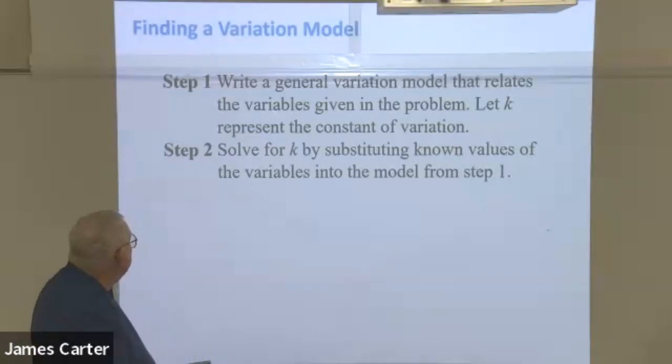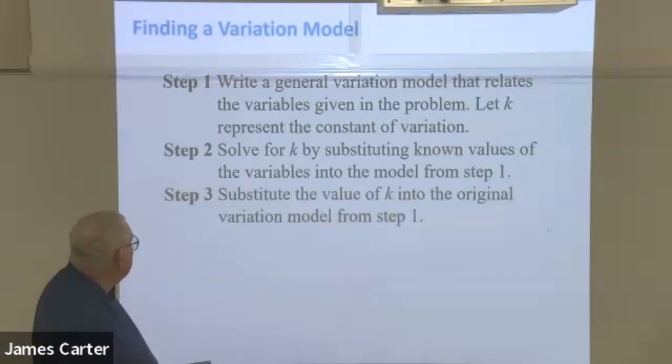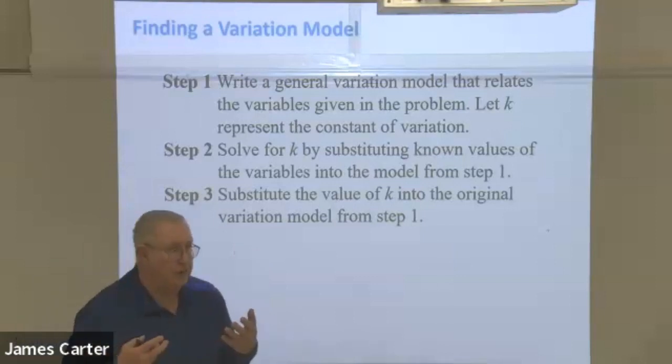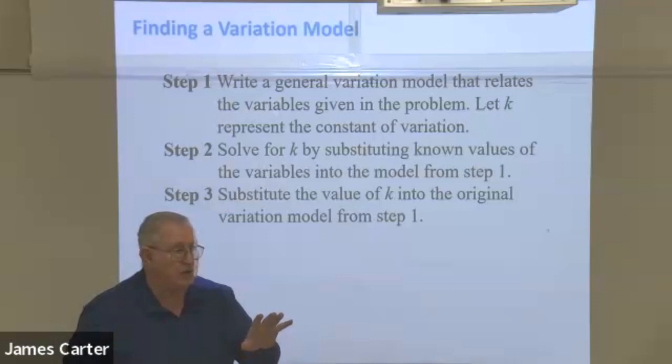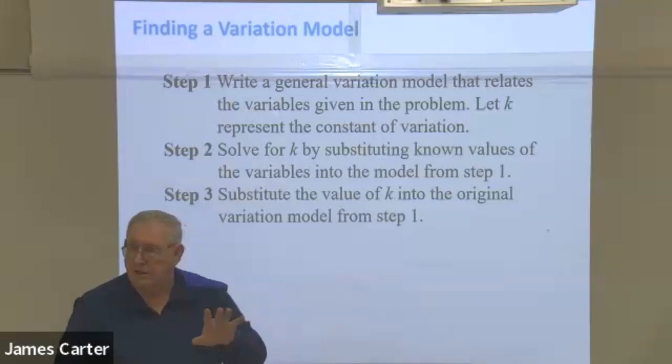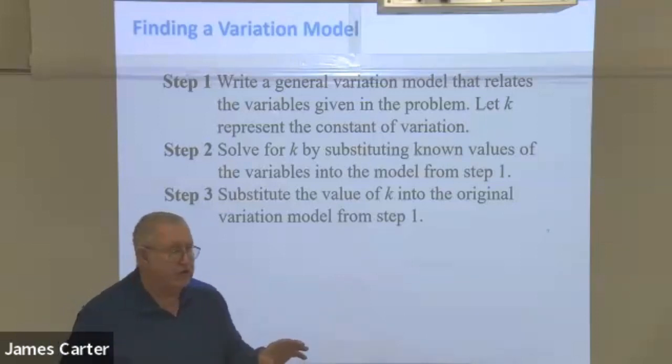Third step then, substitute K into the original variation model from up here. In other words, you replace the K with the number. And that's called the equation of variation. And you will be expected to give that equation with the K value replaced as your final answer on some questions.